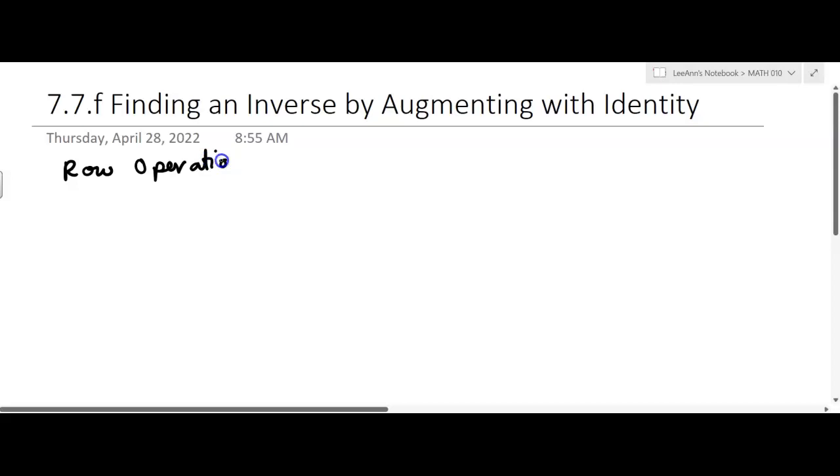And you might have to squeeze this in someplace on your note page, but there are basically 3 things you can do with an augmented matrix, which you don't know what that is yet, but I'm going to show you. You can switch rows.